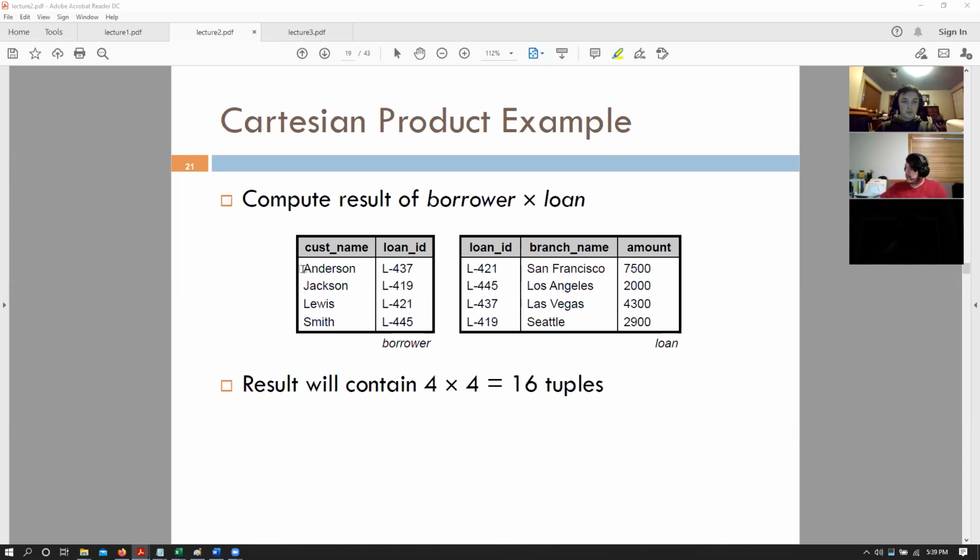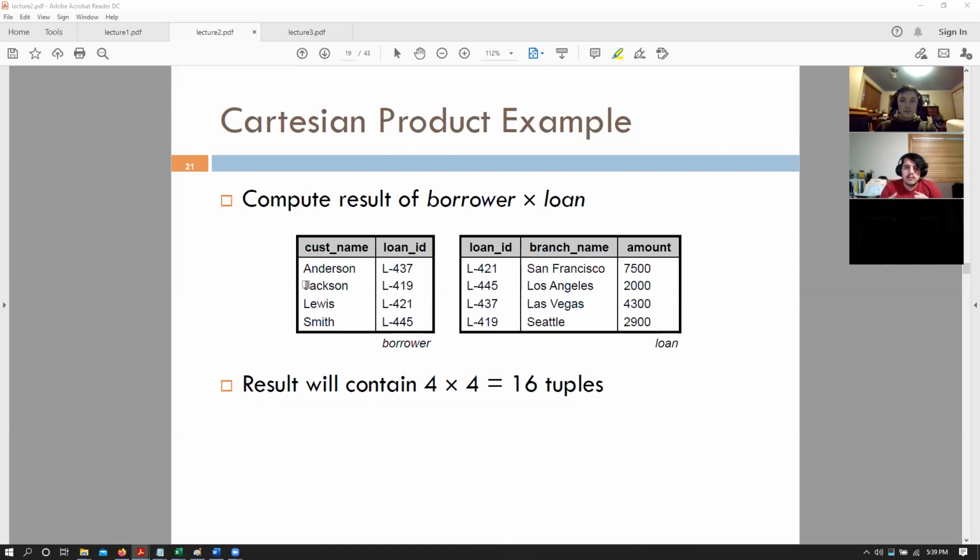So it's Anderson L437 with L421 San Francisco 7500, Anderson L437 with L445 Los Angeles 2000, Anderson L437 with L437 Las Vegas 4300, and Anderson again L437 with L419 Seattle 2900. That was for one row of Anderson: we had all possible combinations from loan.